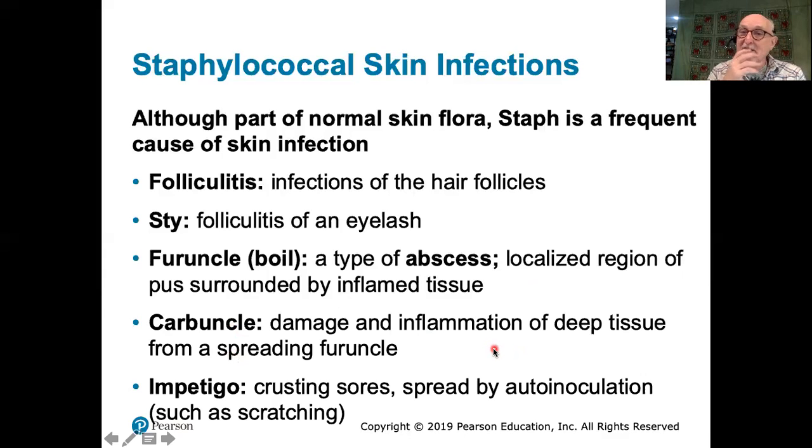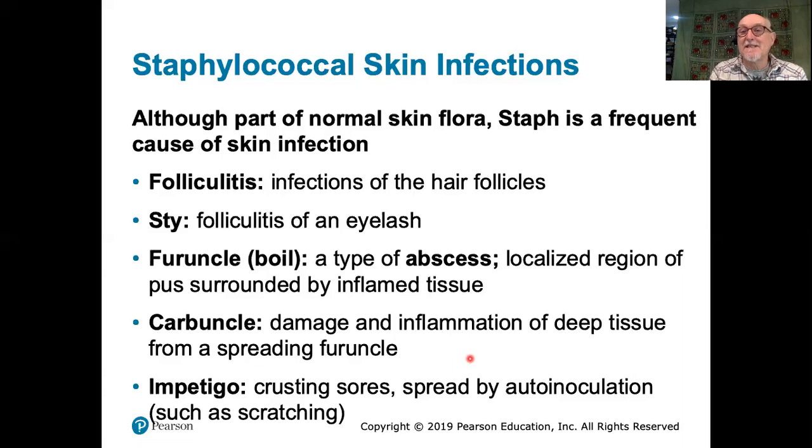Now, there's another group of disorders which are referred to as impetigo, and these are crusting sores on the skin caused by Staph aureus, very common in children because they can be itchy.